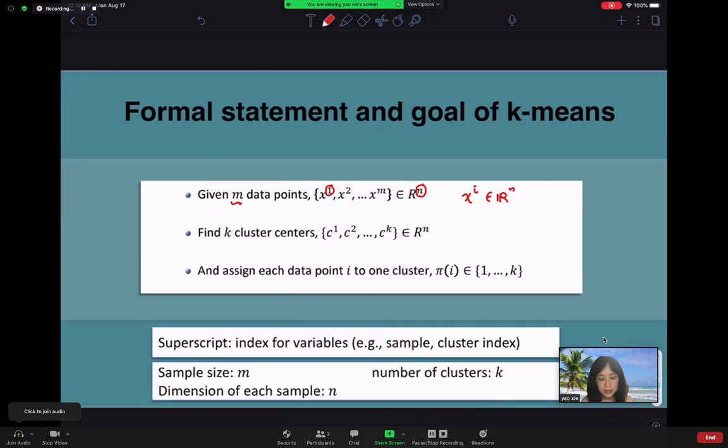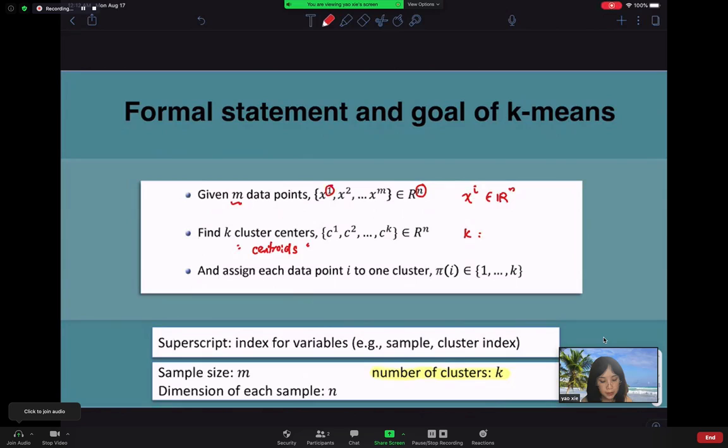Next, we're going to find the k cluster centers. These are the centroids that we were talking about just now, these k cluster centers. And k is the number of clusters, and this k has to be pre-specified.